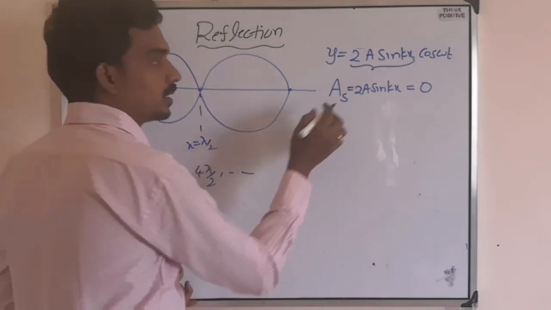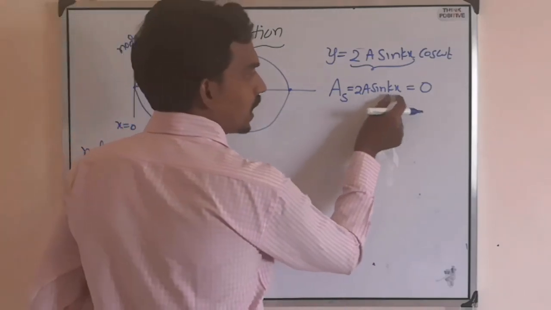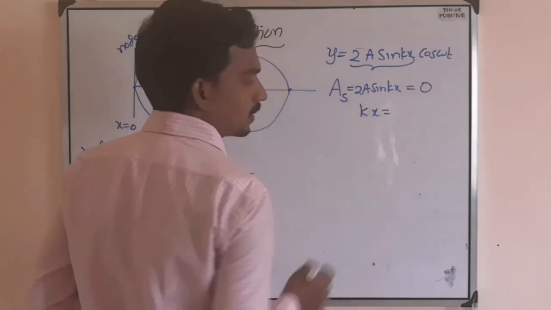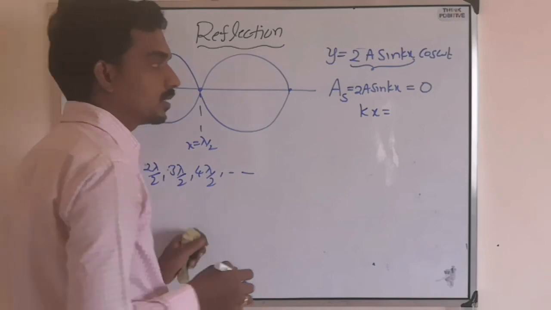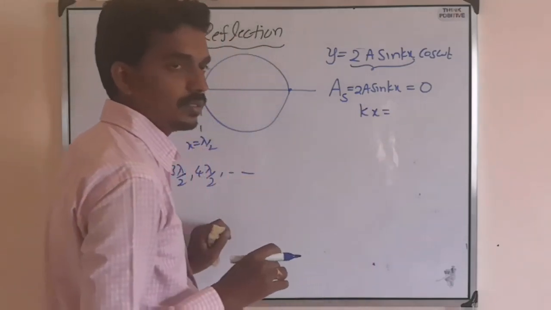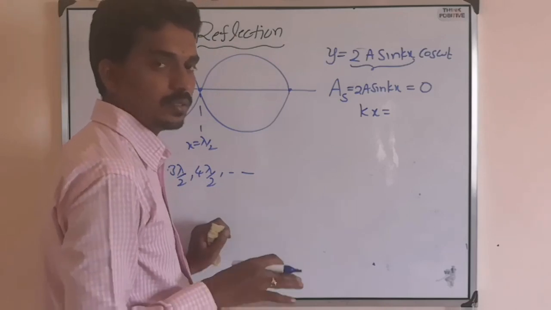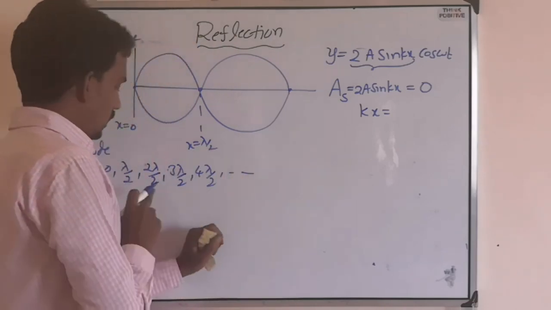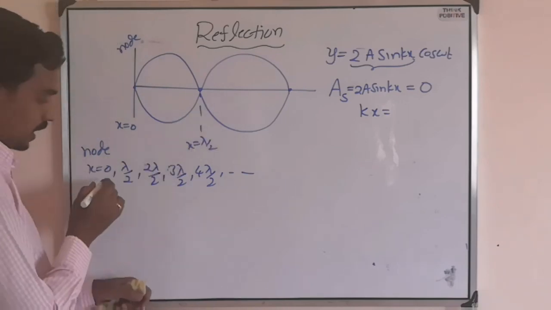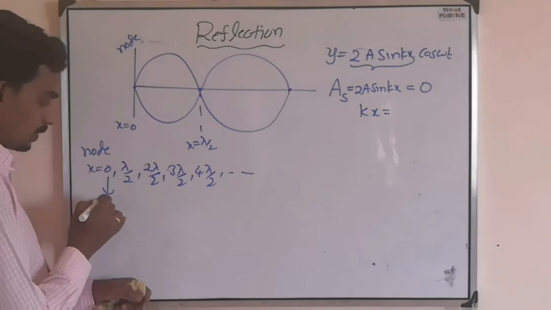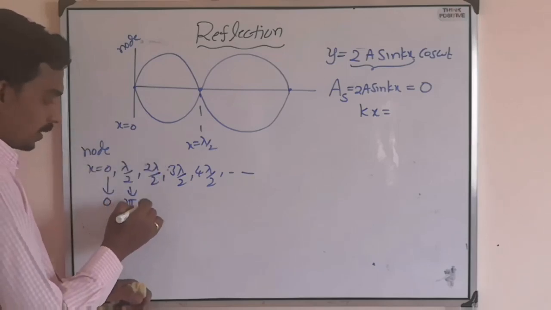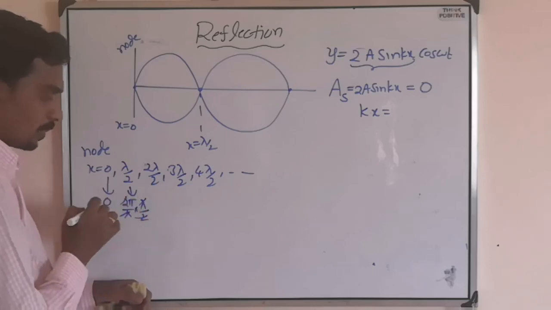We need to find one generalized condition. Now sin theta should become 0. So kx value is how much? See, sin 0 is also 0, sin pi is also 0. So you substitute here. For x equal to 0, kx is 0. For lambda by 2, it is 2 pi by lambda into lambda by 2, which is pi.